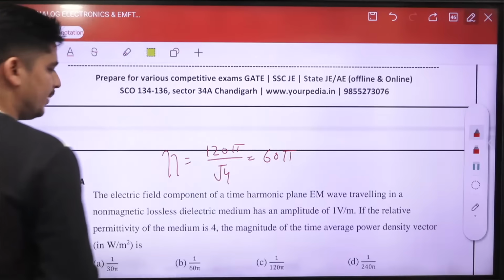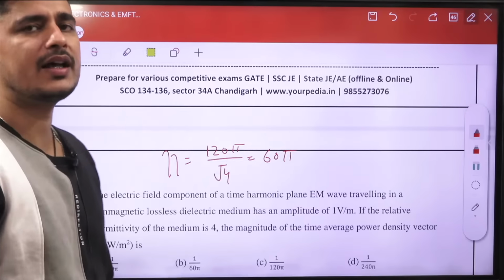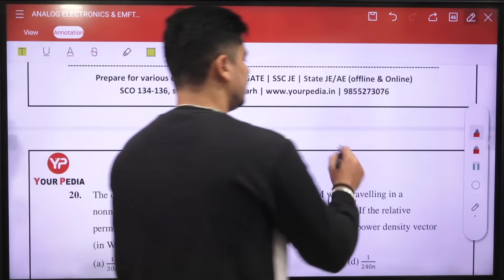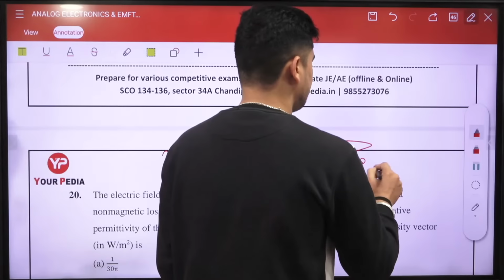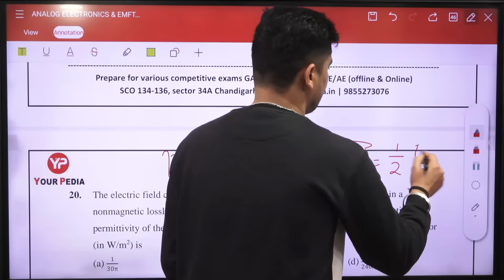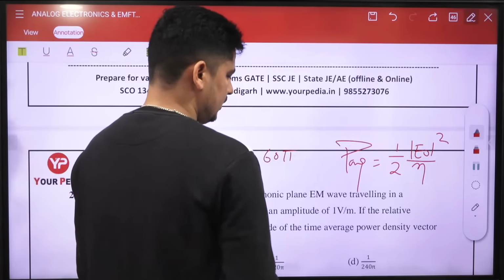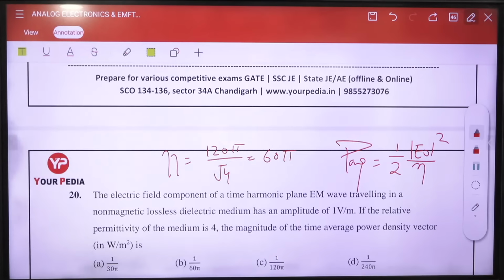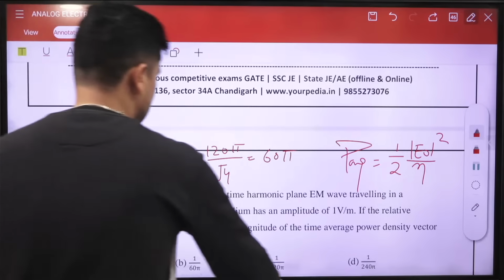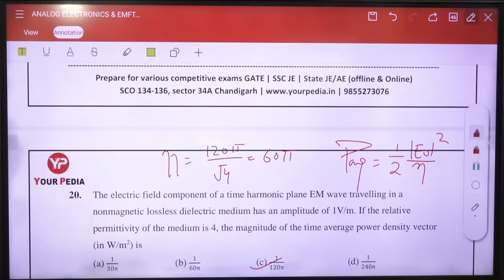He is asking about time average power density, that is the Poynting vector. So P average is going to be 1 by 2 E naught square divided by eta. E naught is 1, divided by 60 pi into 2, that is 120 pi. So the answer will be C, 1 upon 120 pi.